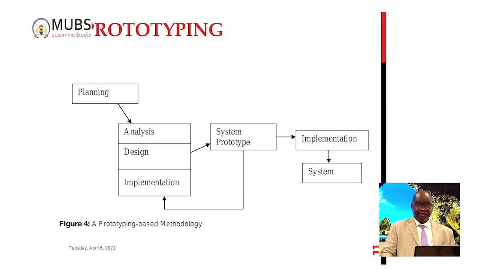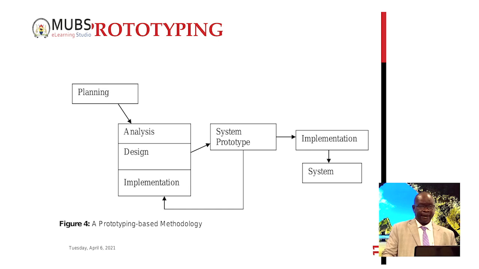So again, you demonstrate prototype 2 to the same users. You tell them, based on their communication, these are the improvements you have made. They see it, they feel the system, they try to do a bit of practice.